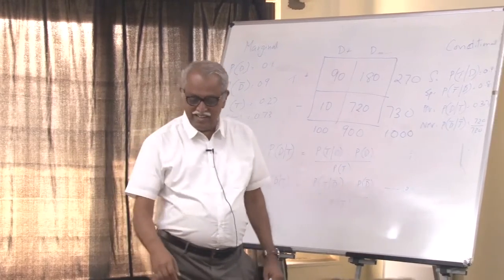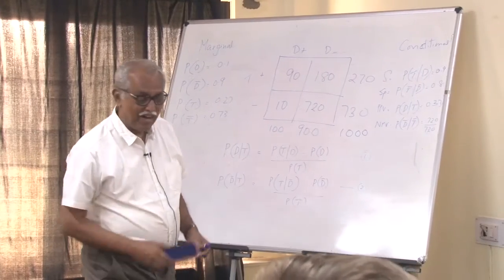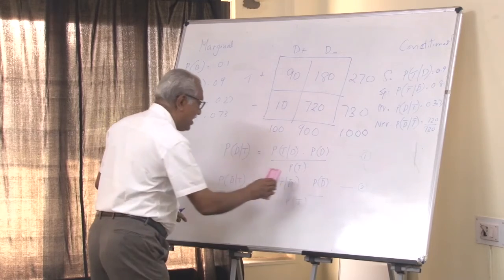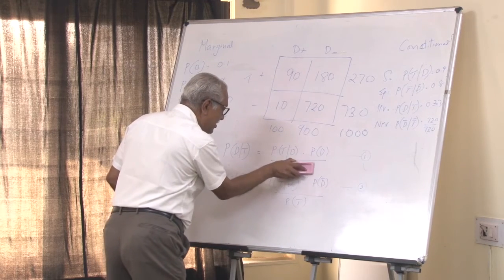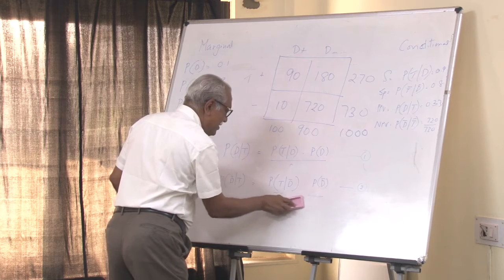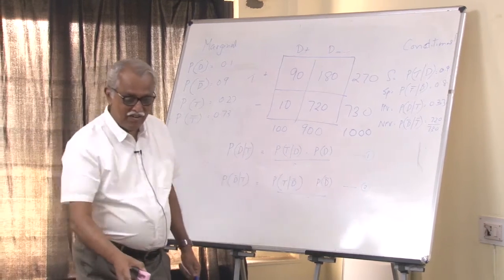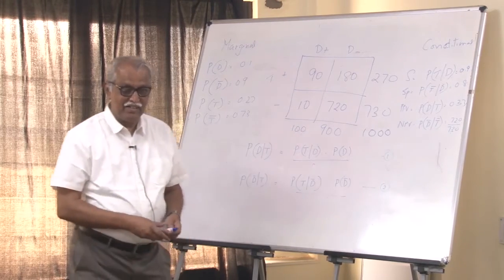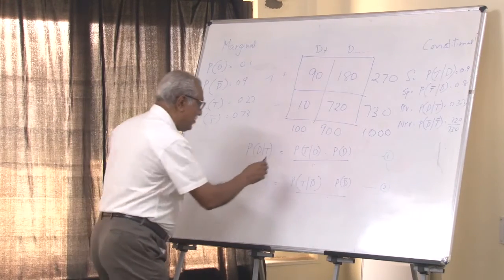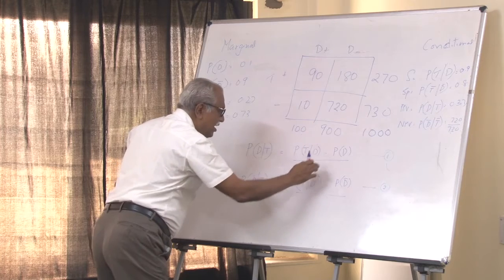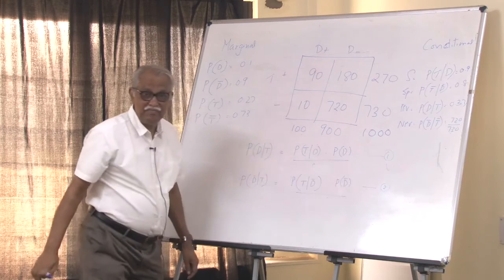Hey, that is great. So let me rub it off because I'll run out of space. Now I can divide the other two things. What am I going to divide? This by this and this by this.